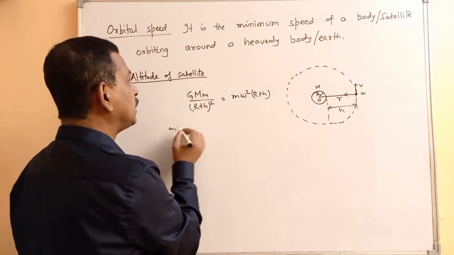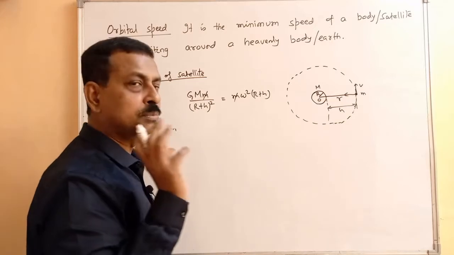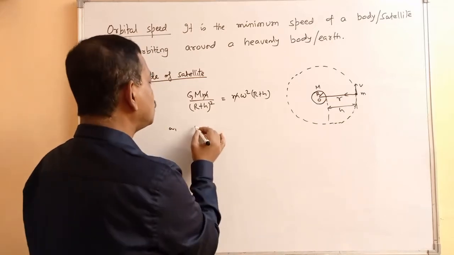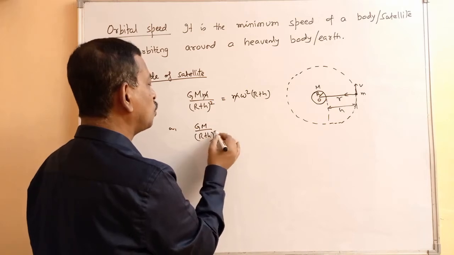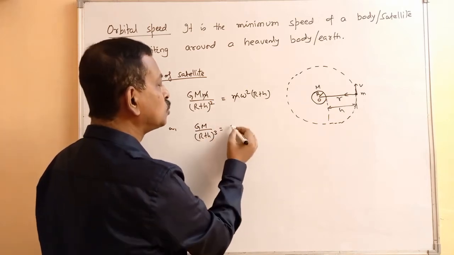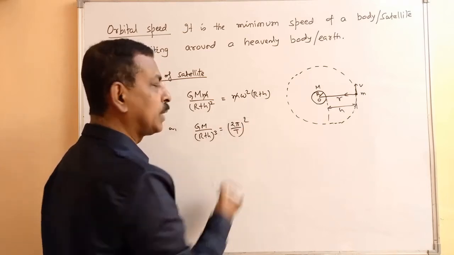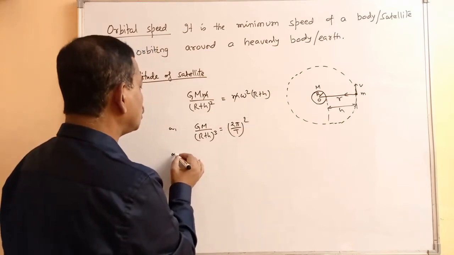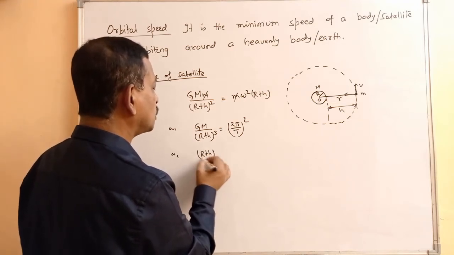So this can be written, m we can cancel from both sides, that is the mass of the satellite there. So it is your GM by R plus h whole cube. This is equal to omega square. Omega can be written as your 2 pi by T whole square. So this is your R plus h whole cube.